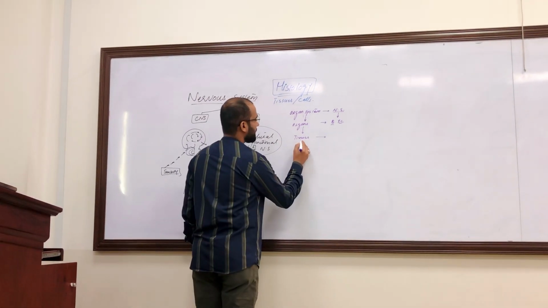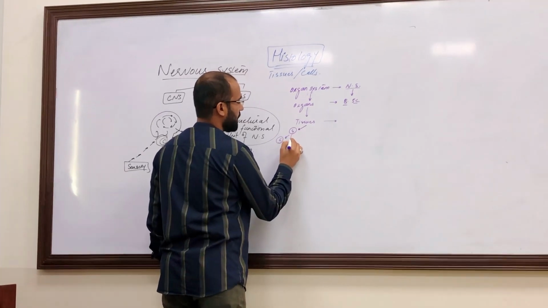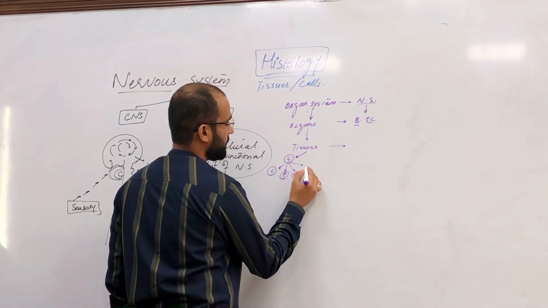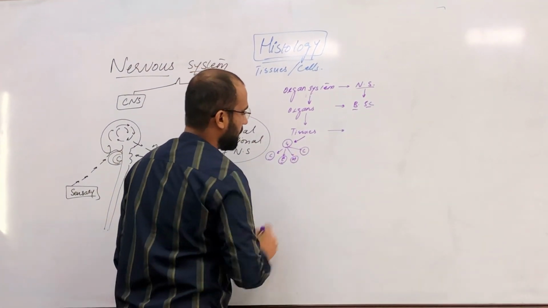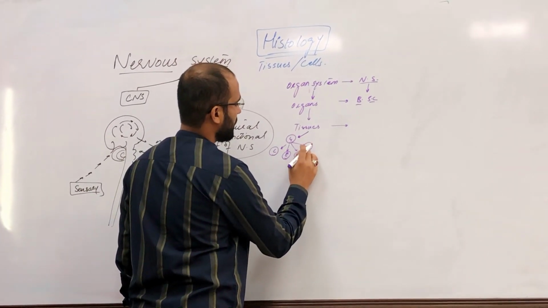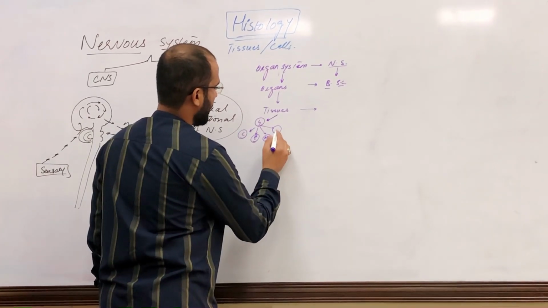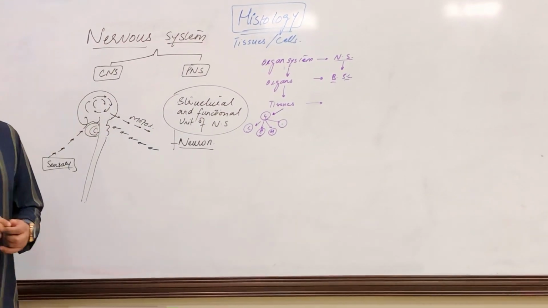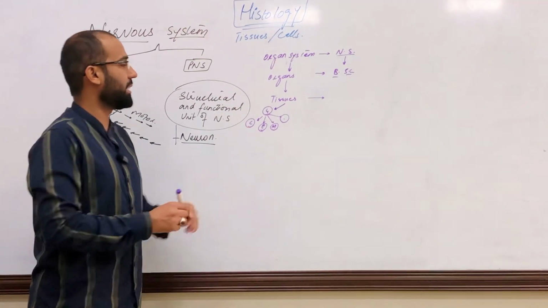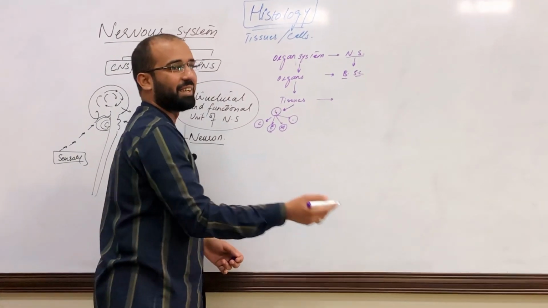We have 4: connective tissue, epithelial tissue, muscular tissue, and, of course, we are discussing the nervous system, so nervous tissue.